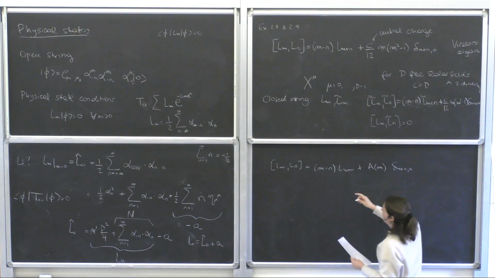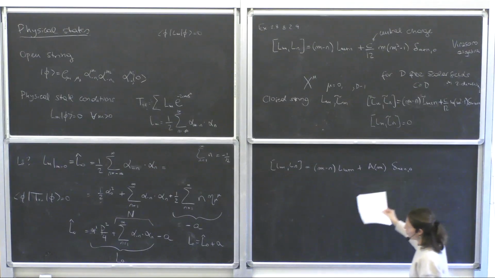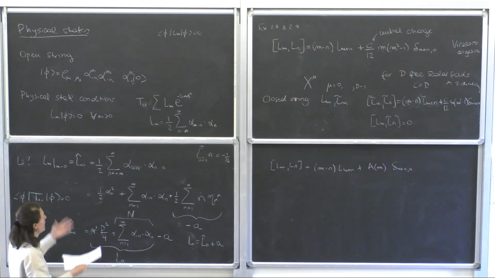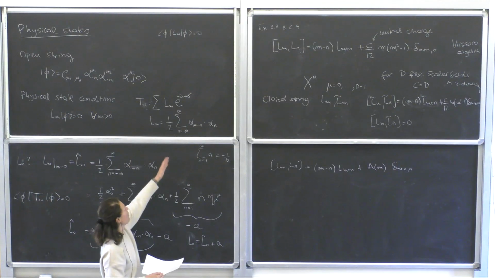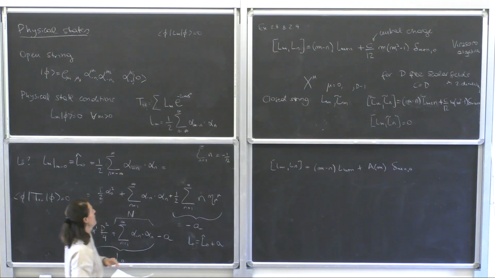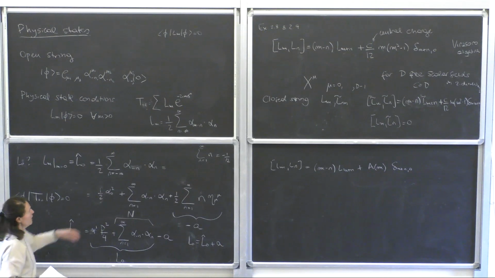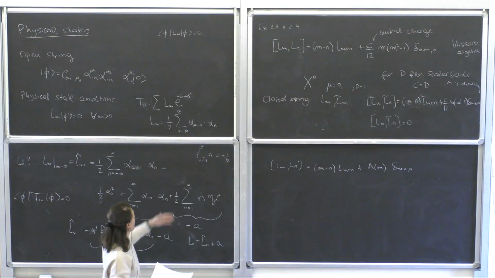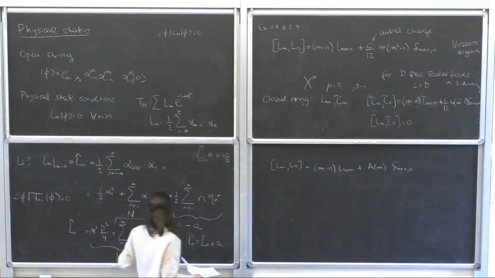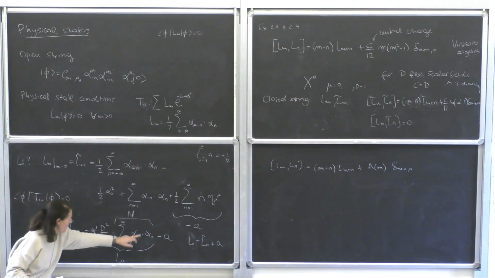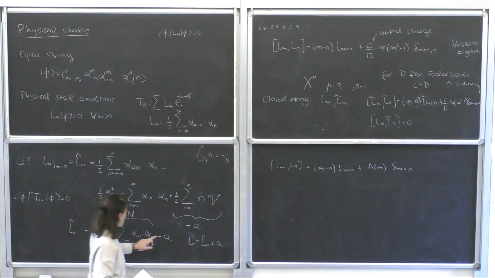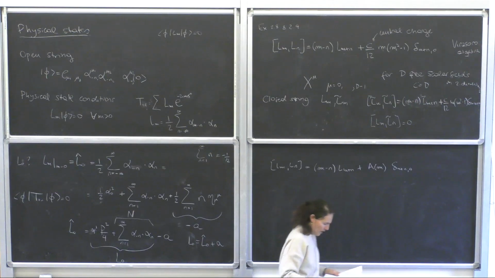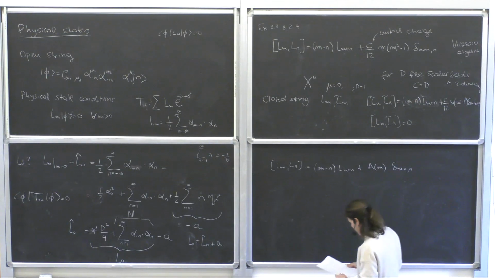So these are the only ones where you will see these non-trivial commutators. In the others, you can normal order them. Normal ordering means putting the annihilators on the right. For m different from 0, you can order them however you want; normal order and non-normal order are the same. Here, the normal ordered one is L0, where I put the annihilators on the right, and then I don't have this part of the commutations.